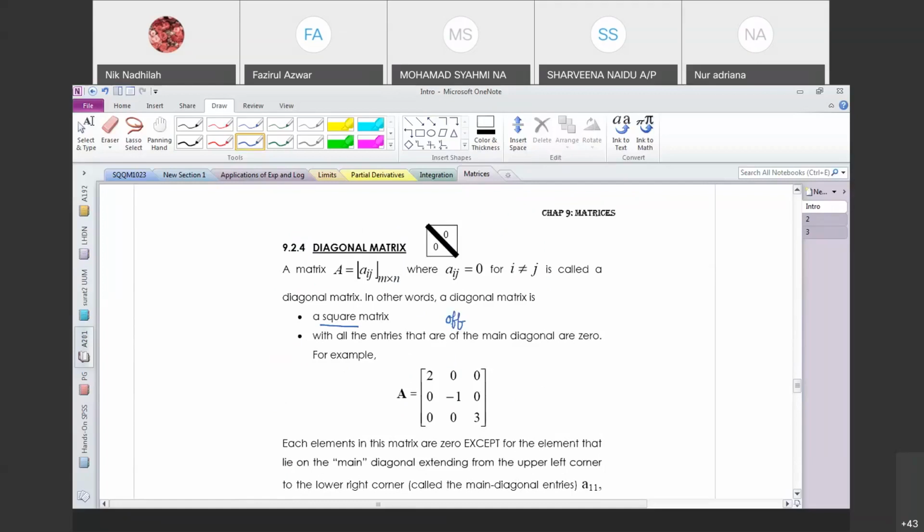That means the entries except the diagonal are zeros. So only the elements on the diagonal are not zero. The rest are zero. Then we call this a diagonal matrix. This is off diagonal, that means except the elements on the main diagonal.